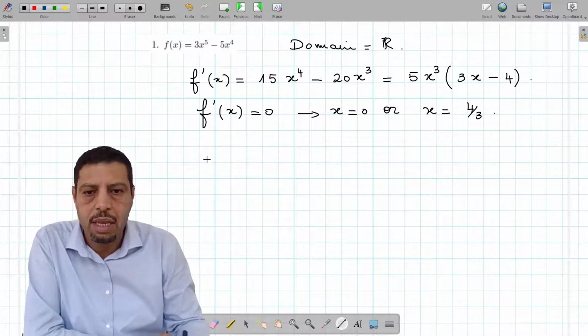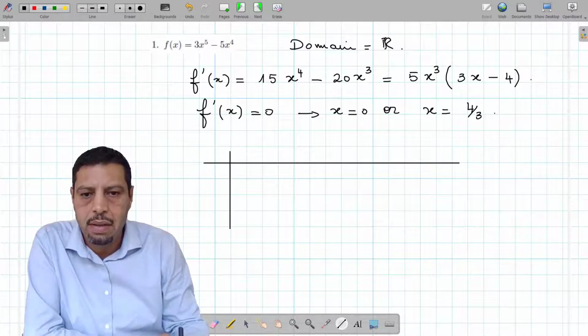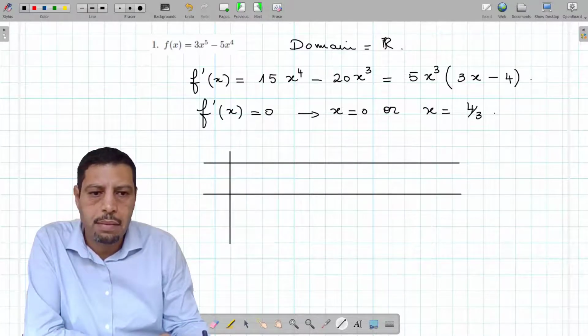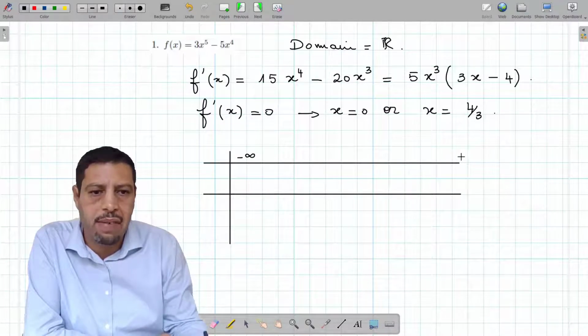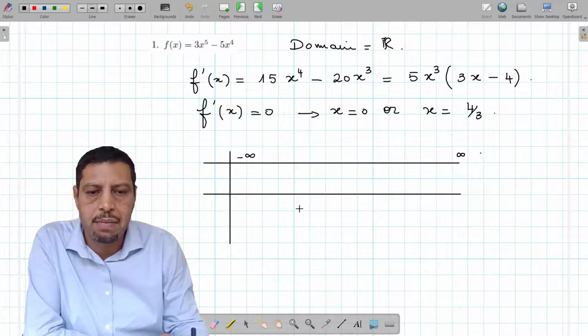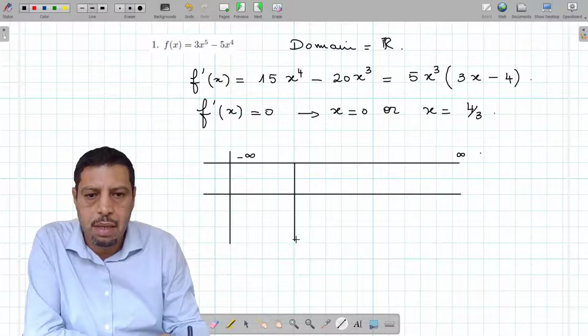Now we're going to draw a table, a sign chart for f prime and for f. The function is defined everywhere, so it starts at negative infinity and stops at infinity. Okay, we have 2 points where f prime is 0, 0 and 4 over 3.